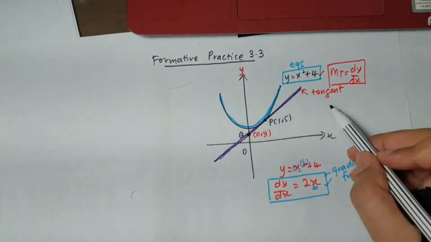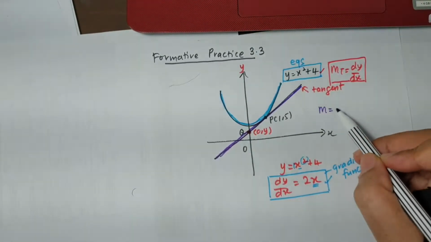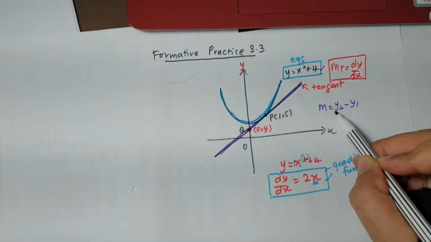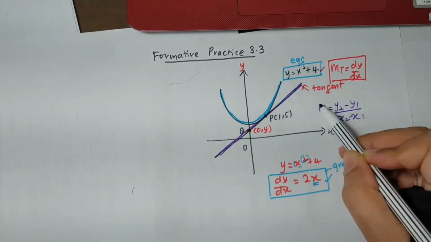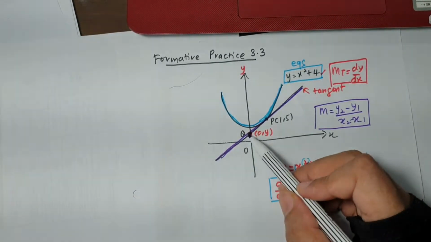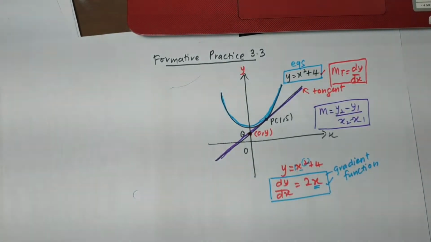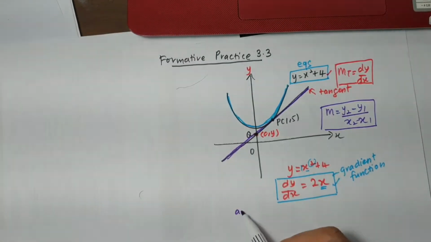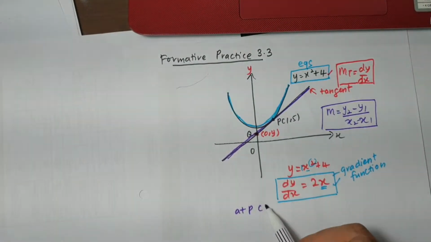You can use the gradient formula, y2 minus y1 over x2 minus x1. You can apply this formula once you get the value of the gradient, to find the coordinates of Q. At P, the coordinate is (1, 5).